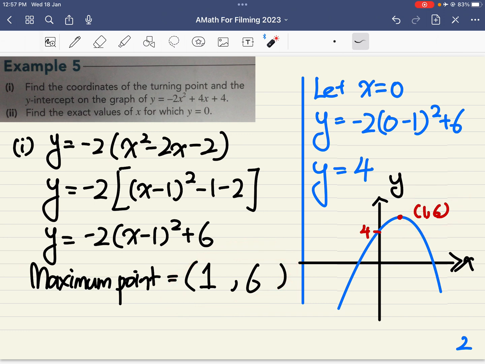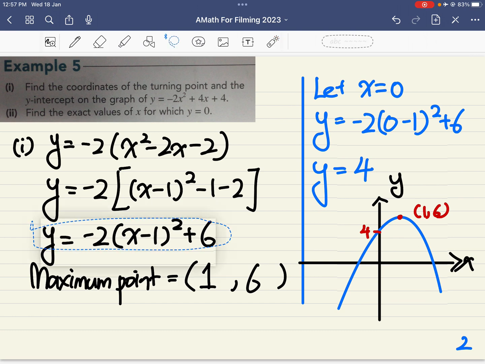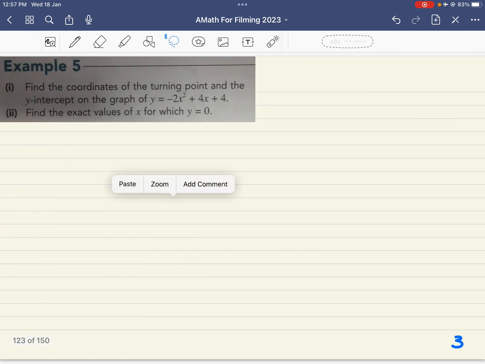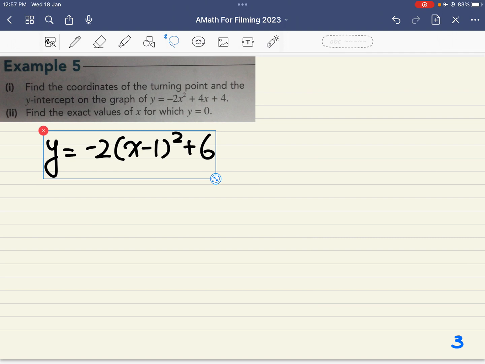Now, the next step here is this. They will actually ask us to find the exact values for which y equals 0. So now what I'm going to do is use this completed square form and attempt to solve this for you. So let me copy this, let me paste it here, and I'll attempt to do part 2 for you now.